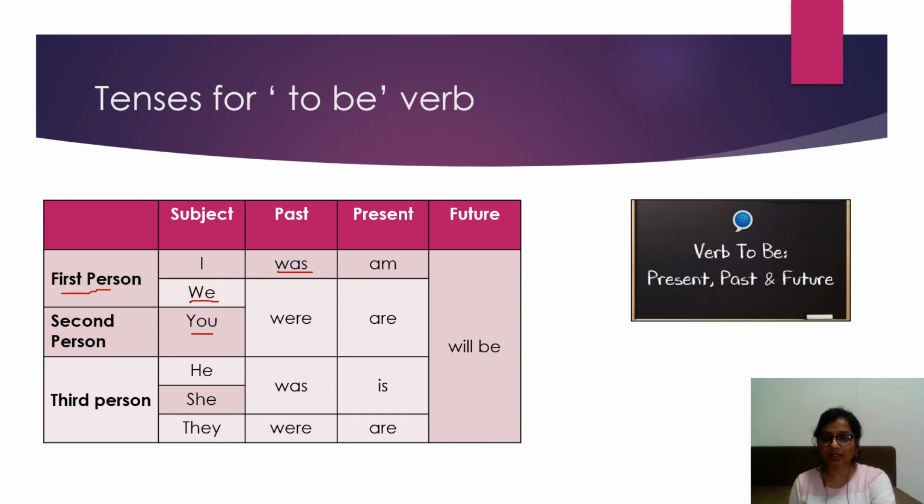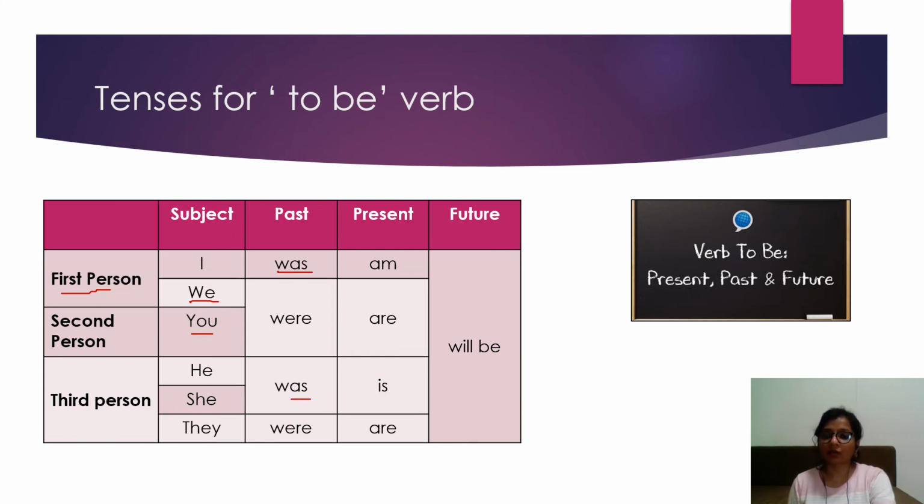As well as for the first person plural, we use were for past. Example, we were talking, okay, means we were talking in the past. You were talking, you were also talking in the past, so it is the common verb that we use. Next is your third person. Suppose if I'm talking about he or she, I will say he was doing something or she was doing something.